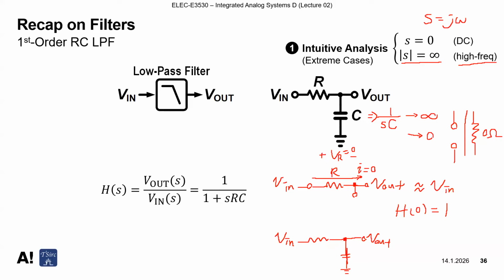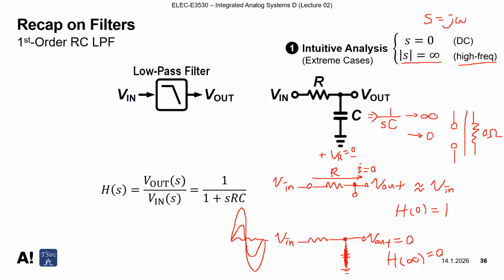That means it is just connected to ground, such that V out is always 0, no matter how big V in is. V in may be very large or very small. We don't care because V out is already connected to ground, so it's always 0.